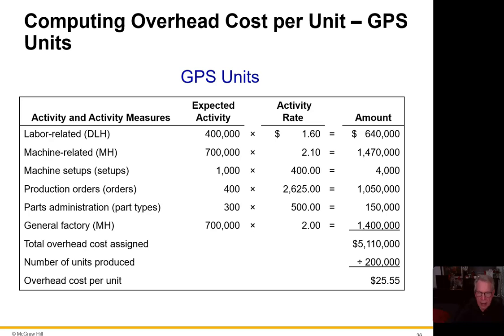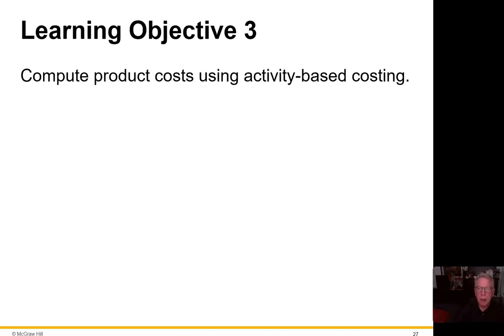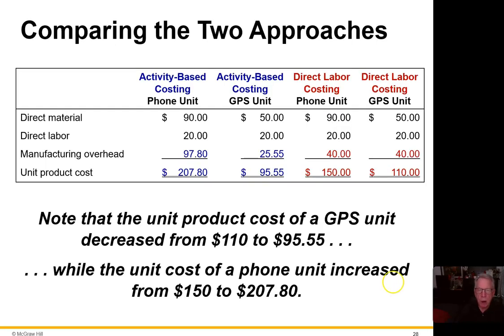Okay, now we can compute product costs using activity-based costing. What we do here is that our manufacturing overhead for the phone is $97.80, where for the GPS is $25.55.